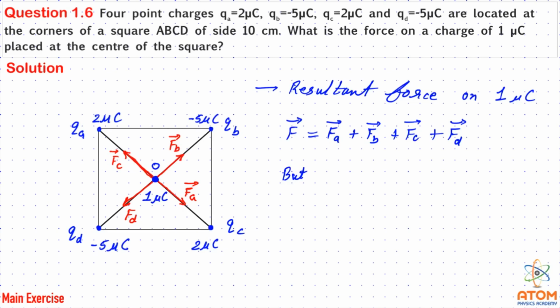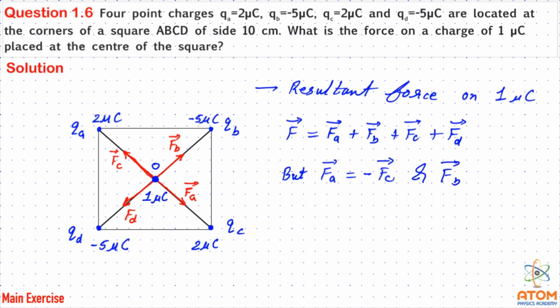So I can write FA is equal to minus FC, because as I said FA and FC both are same in magnitude but opposite in direction. So I can say FA is equal to minus FC. As well as the same we can write for FB.